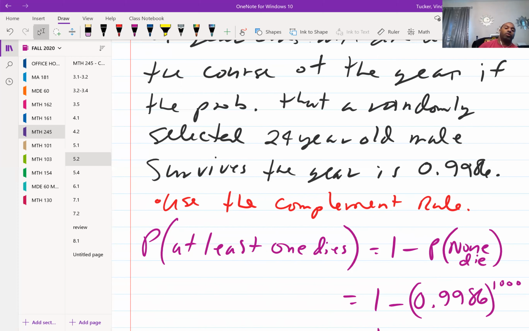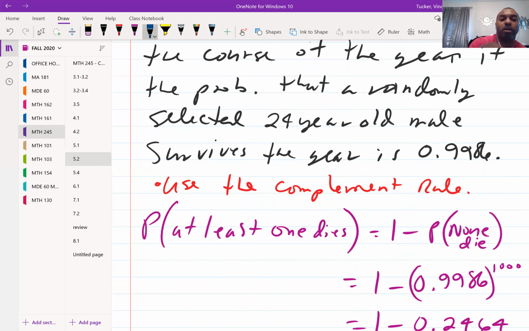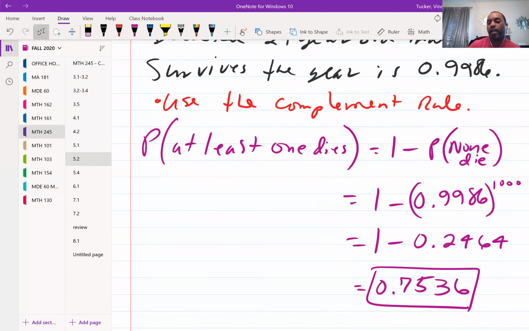So now if we want to know the probability of at least one of them dying, you would take the probability that all of them live, that's 0.9986 raised to 1,000, and subtract that from 1. And that'll give us 0.7536.